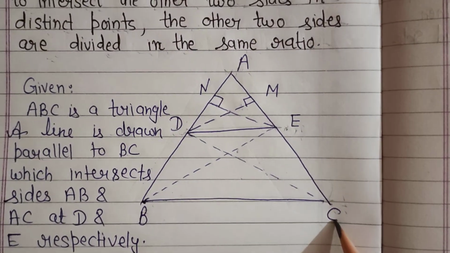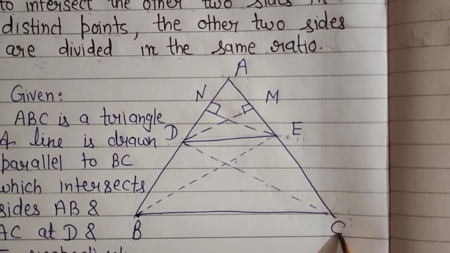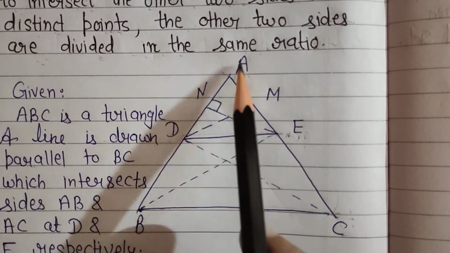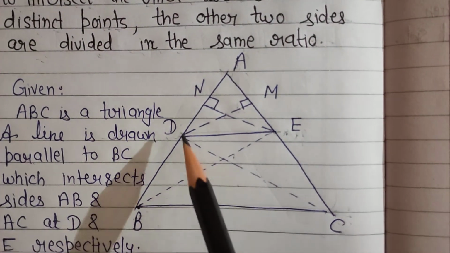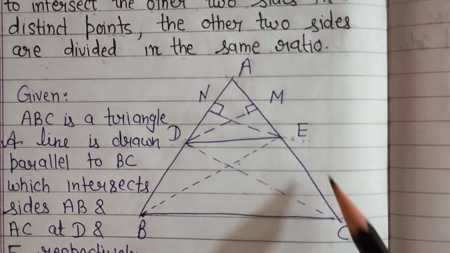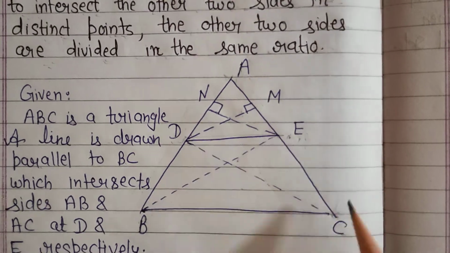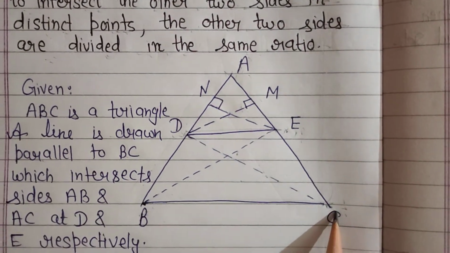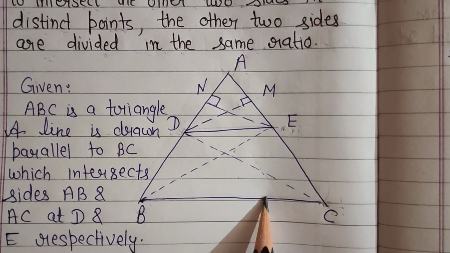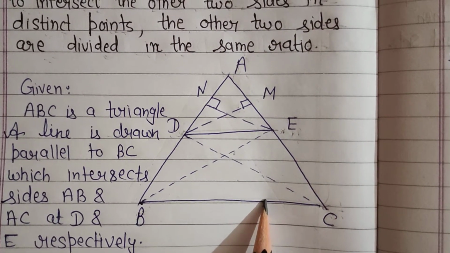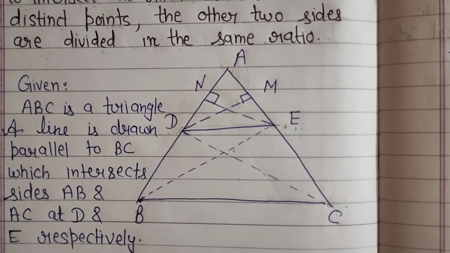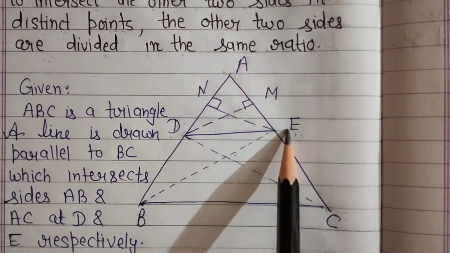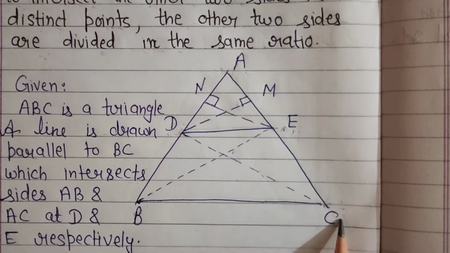For proving the theorem, we will do construction. We will draw EN perpendicular to AB and DM perpendicular to AC, and we will join BE and DC. Now for proving the theorem, we will use the concept of areas of triangles, and we will take the areas of triangles ADE, DEB, DEC.